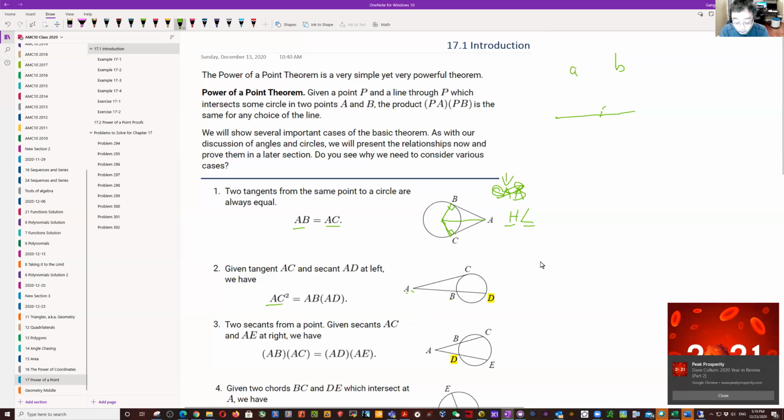And why? Because you add those two lines here, one line here, one line here. Because this is a tangent line, this angle is 1/2 the size of this arc. And this angle is the inscribed angle of the circle, it's also 1/2 the size of this arc.